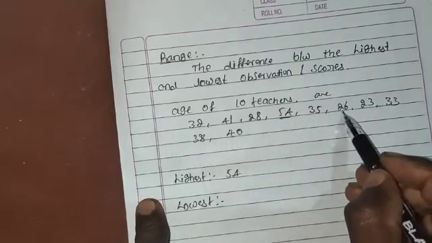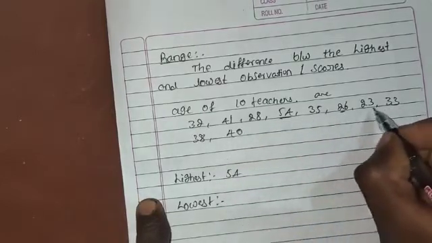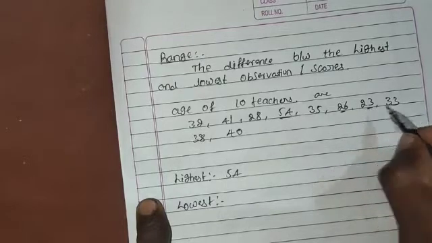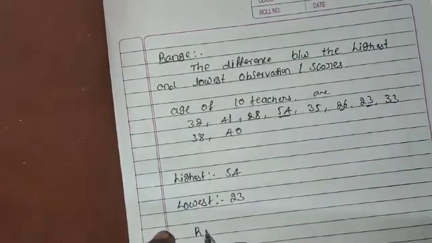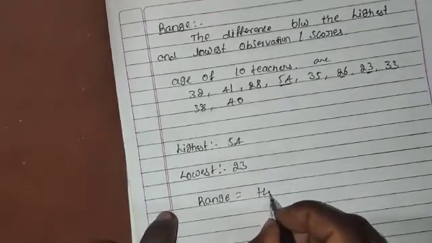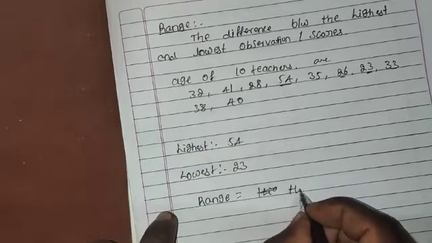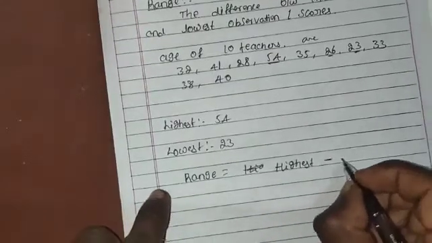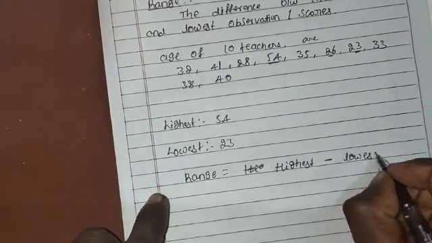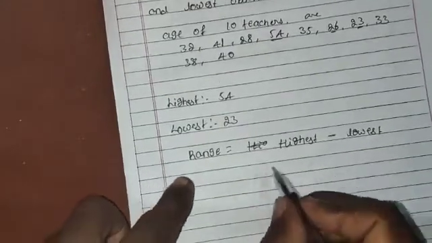Among these, 26 is the lowest, sorry, 23 is the lowest. Now we have to find the range. We know that range is equal to the highest minus the lowest. This is the formula to find the range.